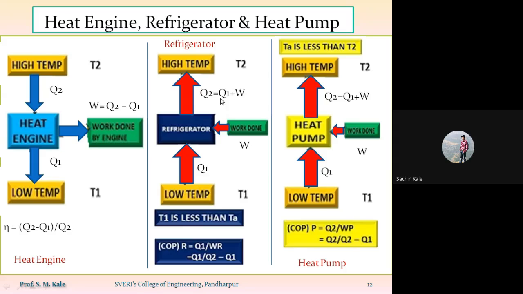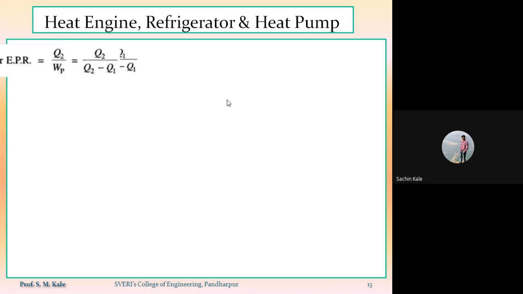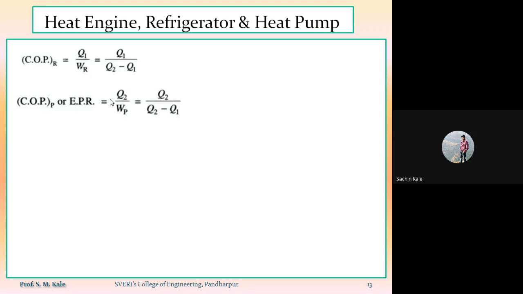Is it clear? What is Q2? Q1 plus W, and what is W? Q2 minus Q1. So now if I want to find the relationship between the coefficient of performance for heat pump and refrigerator, I know the COP for heat pump is Q2 divided by Q2 minus Q1.